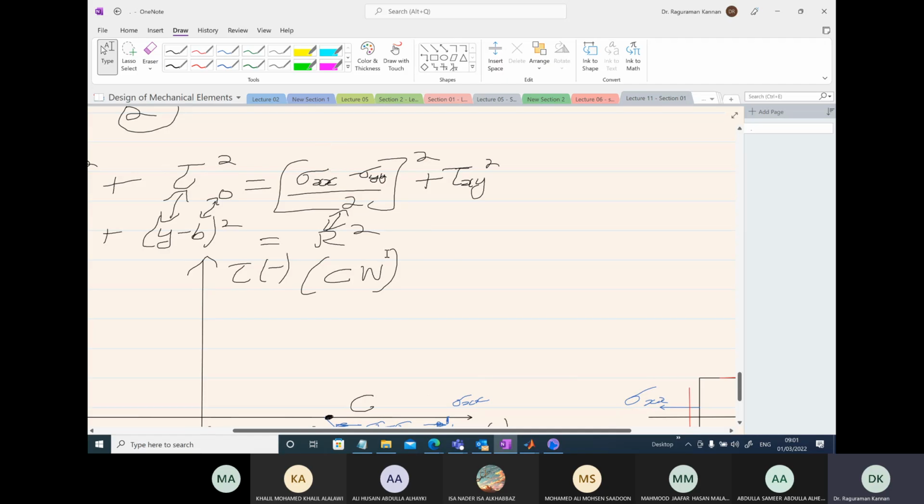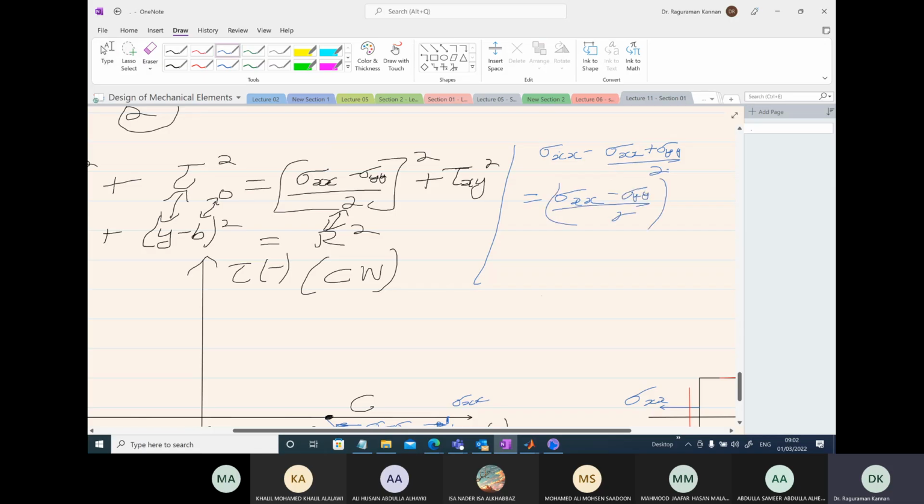So let's see here. Sigma xx. What is sigma average? It's sigma xx plus sigma yy over 2. Simplify this. Take 2 here, multiply 2 times sigma xx minus sigma xx is sigma xx here, and then minus sigma yy over 2.